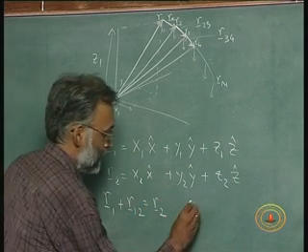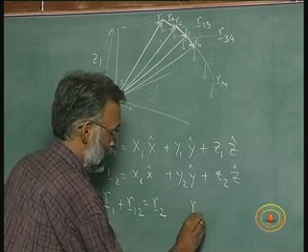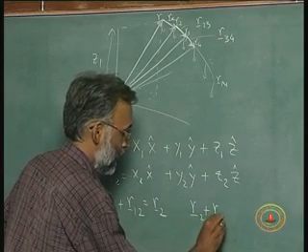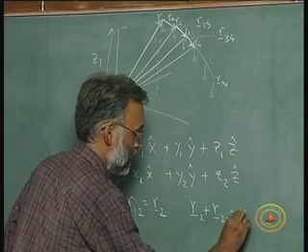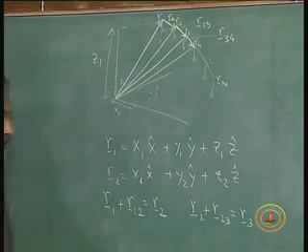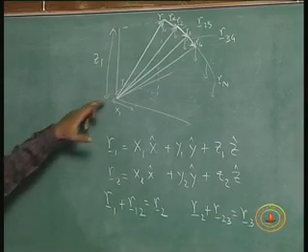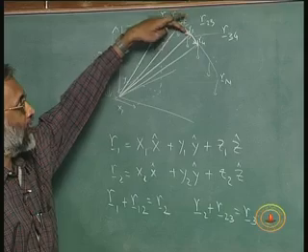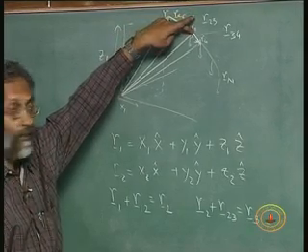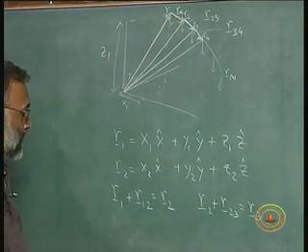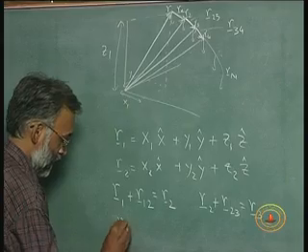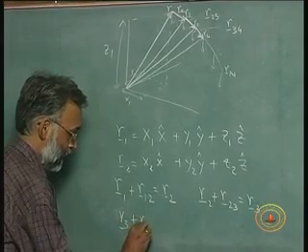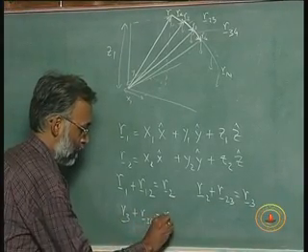Similarly, I can write R2 plus R23 equals R3. That is, I go to R2, then go a distance along direction R23, I will reach R3. And similarly, R3 plus R34 equals R4, and so on.